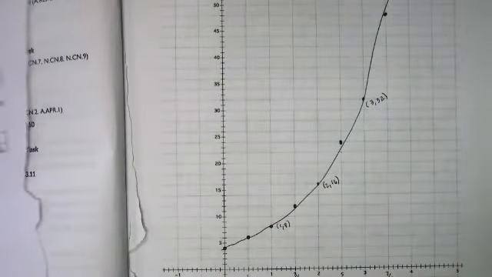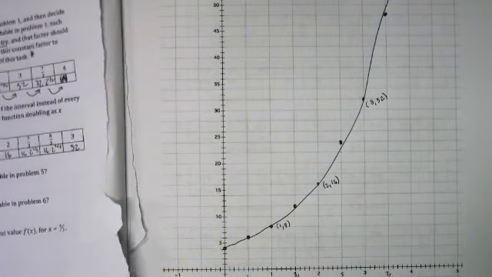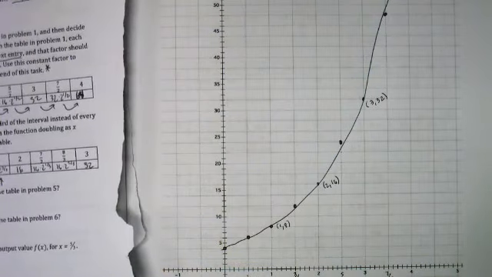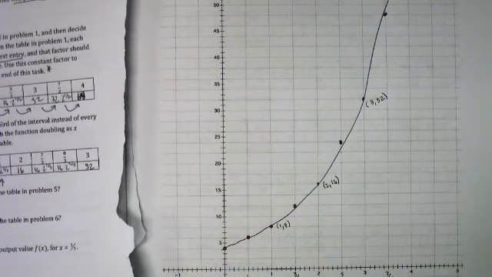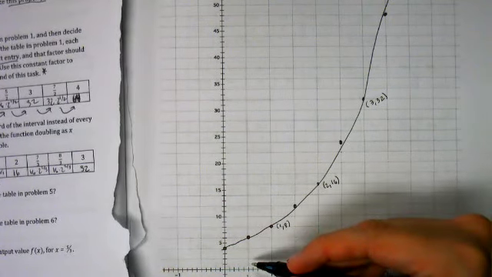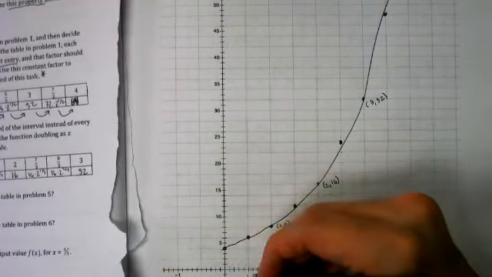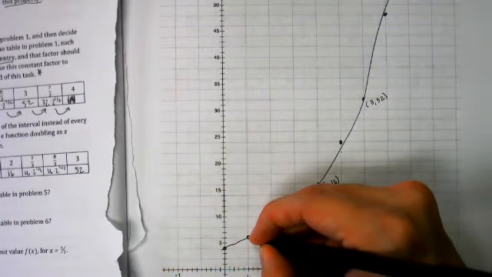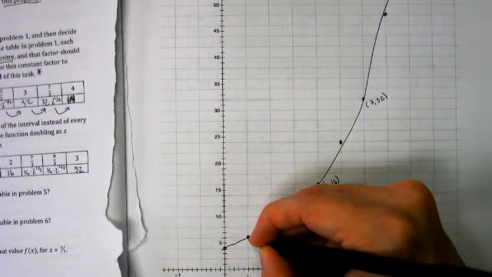We want to complete number 5, which asked us to graph. So what we can do is 4 times 2 to the power of 1/2, which is about 5.66. So a little bit more than 5, but not quite 6.